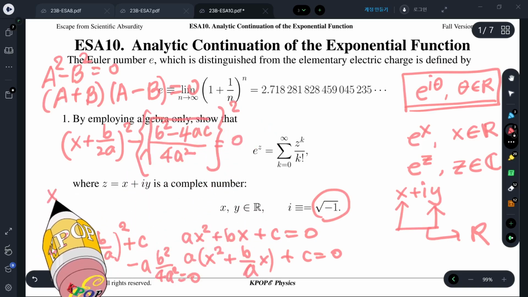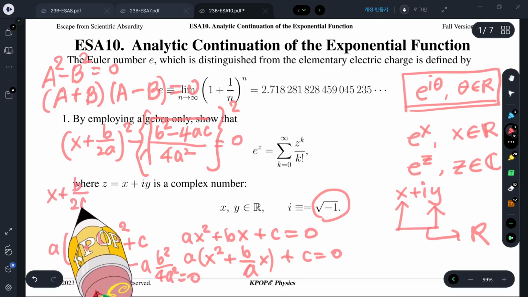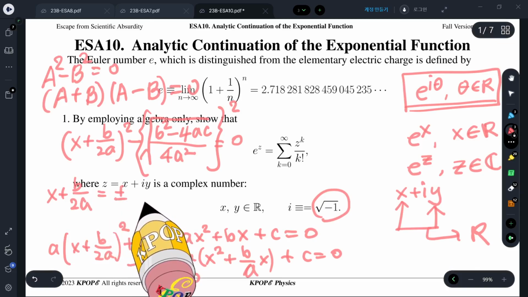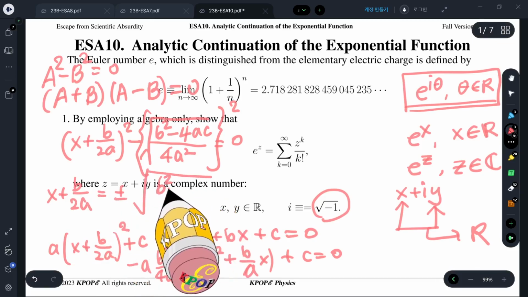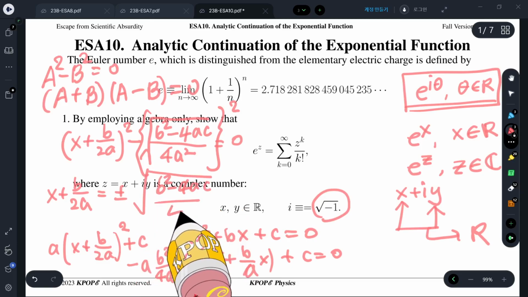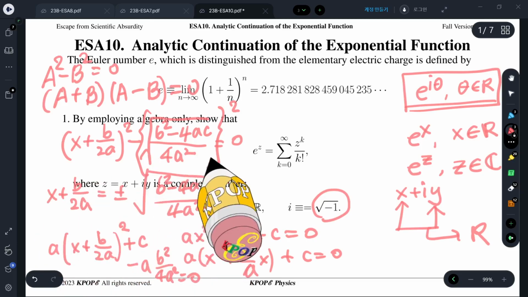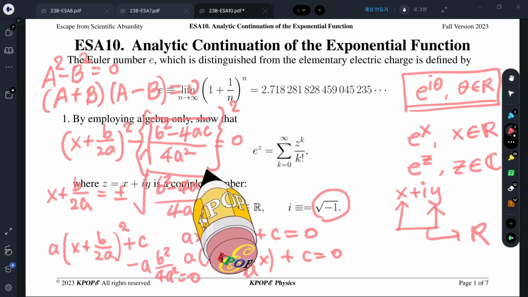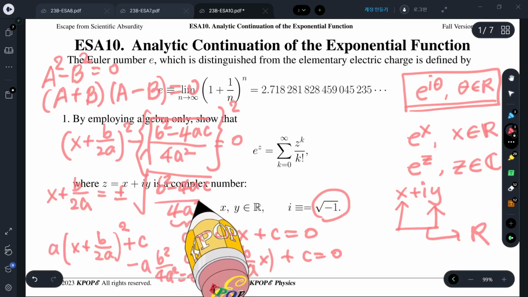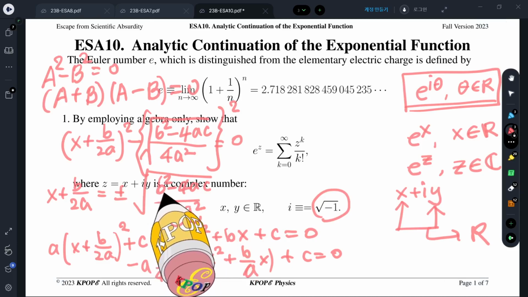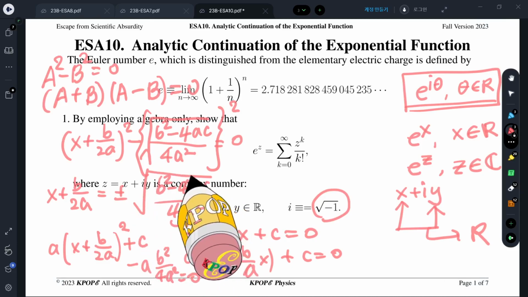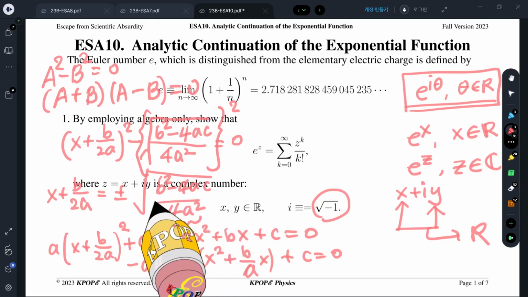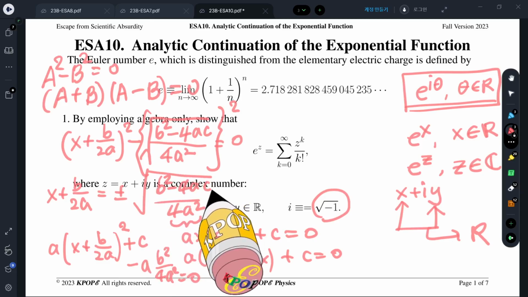Then x plus b over 2a equals plus minus the square root of b squared minus 4ac over 4a squared. Simplifying with this result, depending on the sign, you know this one is positive definite, but it changes its sign depending on the relative values of a, b, and c. So this is called the discriminant.